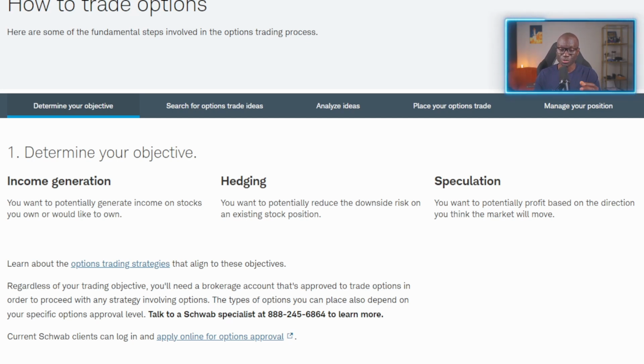Now, the last one, which is generally what you will see a lot of people do most of the time, is speculation. Speculation is the idea that you understand that this stock is maybe undervalued, and by a certain time frame, it should be trading higher. Then people can speculate and buy, let's say, a call if they are predicting that it's going to go up to a certain price point.